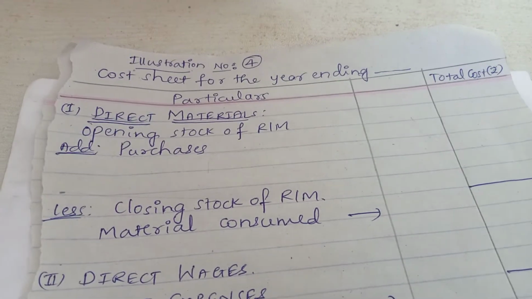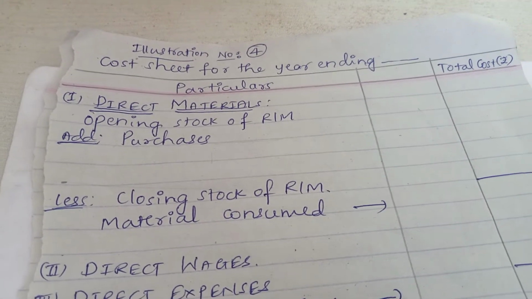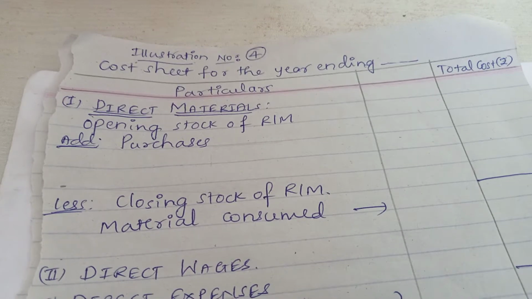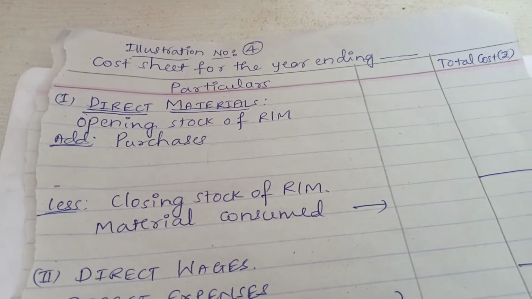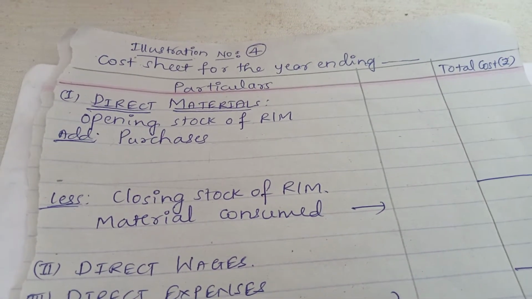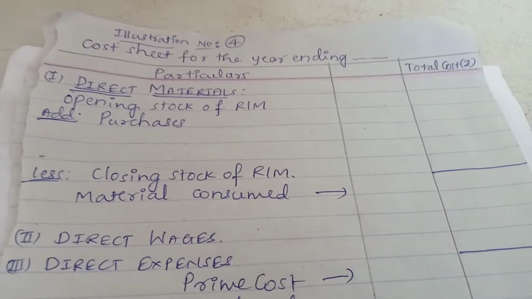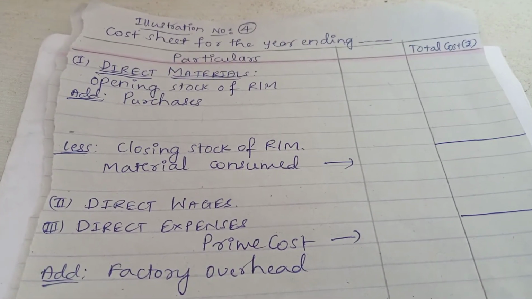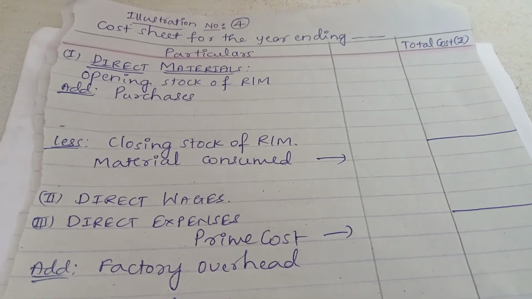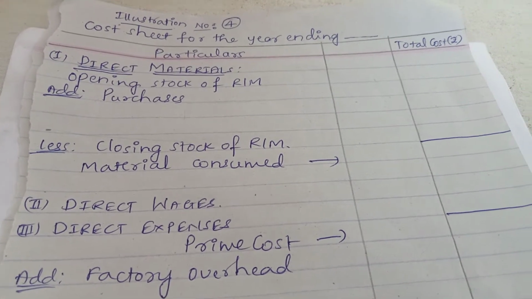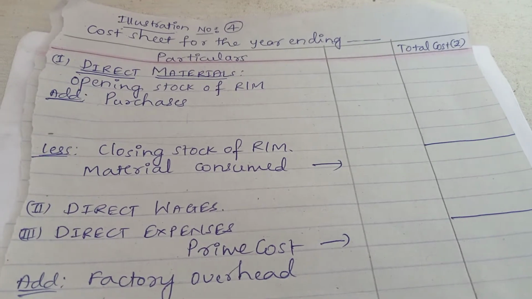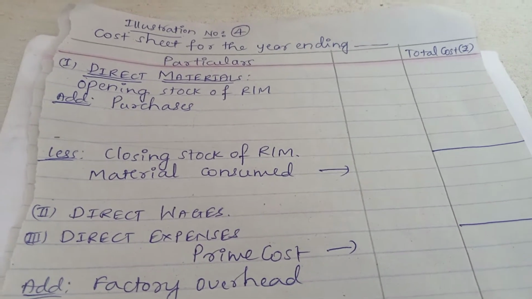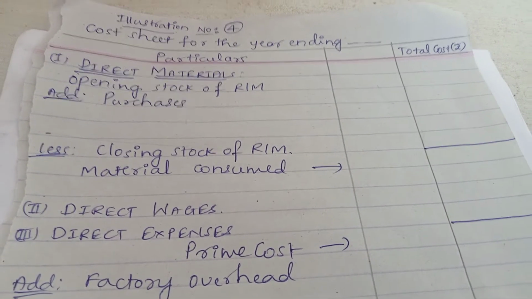The first head is the direct materials. In that you will find opening stock of raw materials, add purchases, less closing stock of raw materials, that gives us the material consumed. Below, Roman number 2 will be the direct wages, Roman number 3 will be the direct expenses. When you add direct materials, direct wages and direct expenses, it gives us the prime cost.